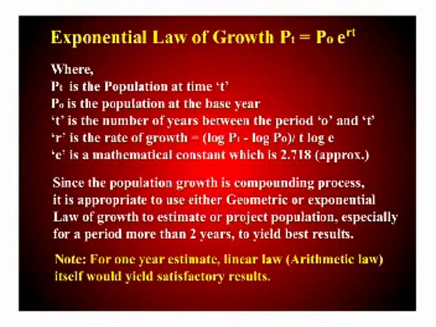T is the number of years between the period 0 and t. R is the rate of growth, which can be calculated by log P1 minus log P0 divided by t log e. E is the mathematical constant which is 2.718.